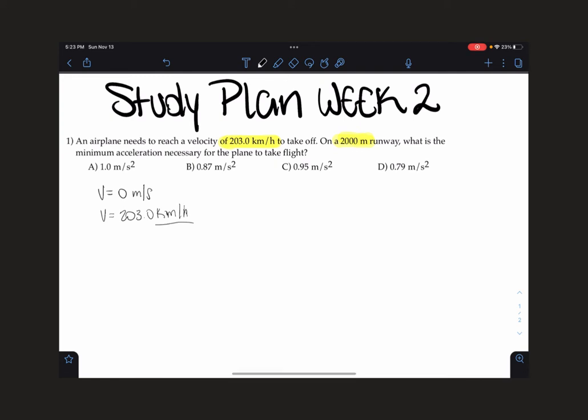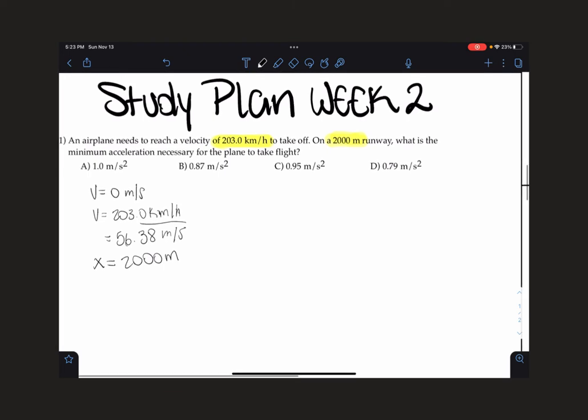And this part right here, we have to convert it to meters per second, which is 56.38 meters per second. And then we have the position, which is 2,000 meters.